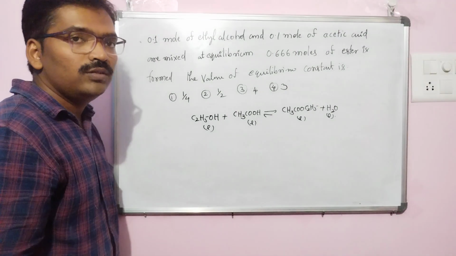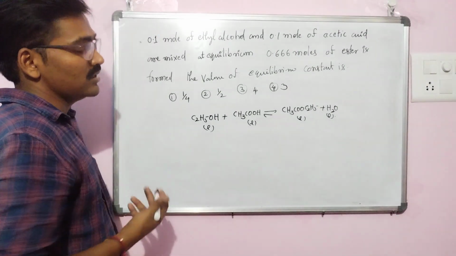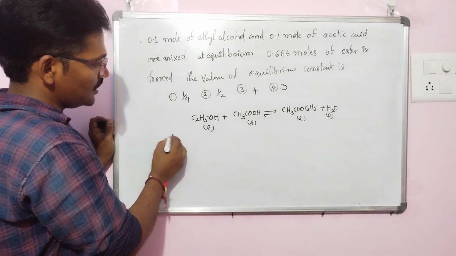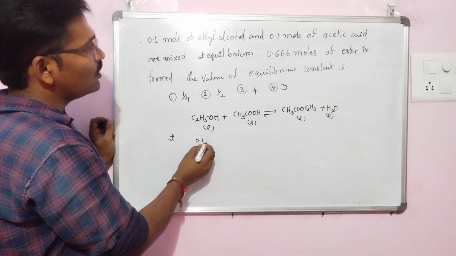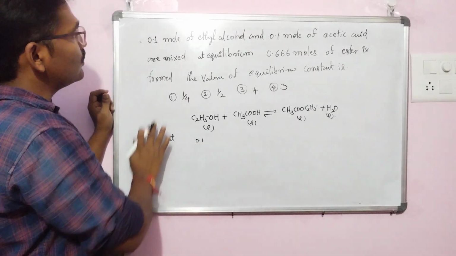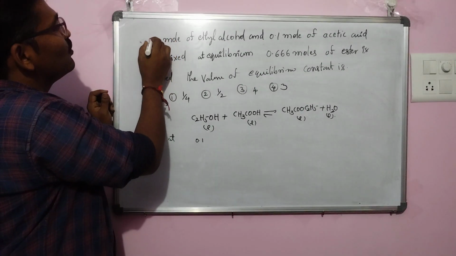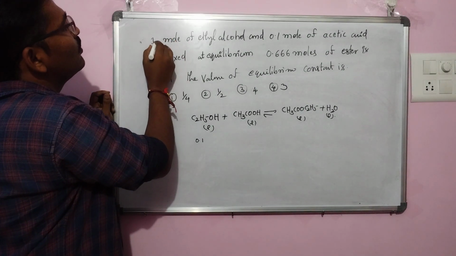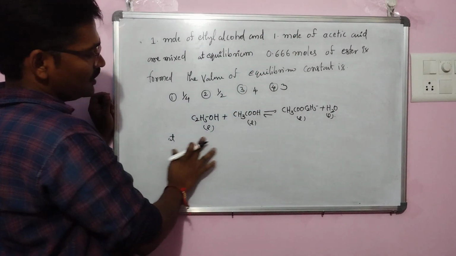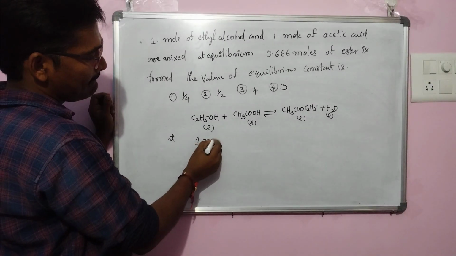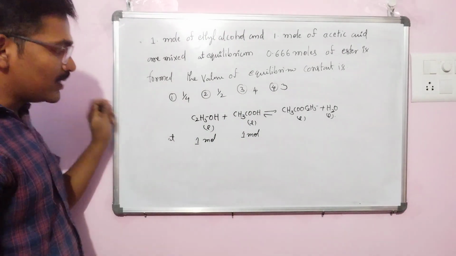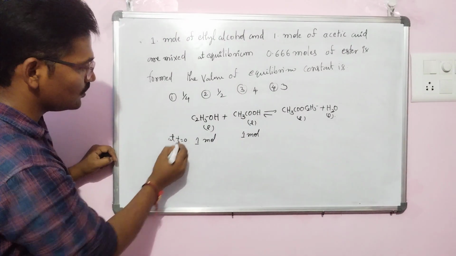So now we are going to discuss the equilibrium constant. Before that, at the initial stage, it is mentioned: 1 mole of ethyl alcohol and 1 mole of acetic acid are present at time t equals 0.